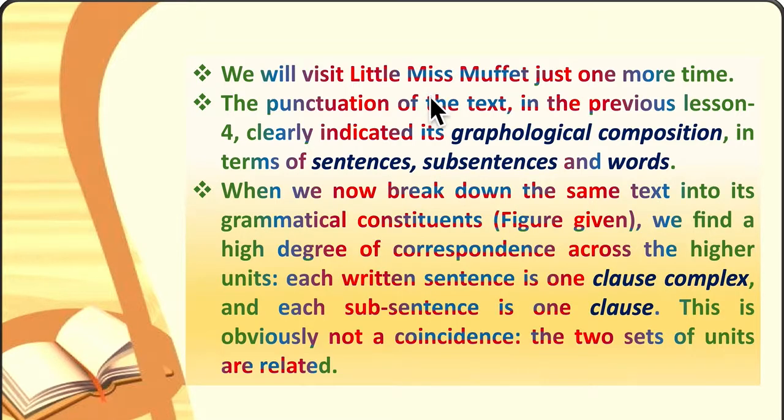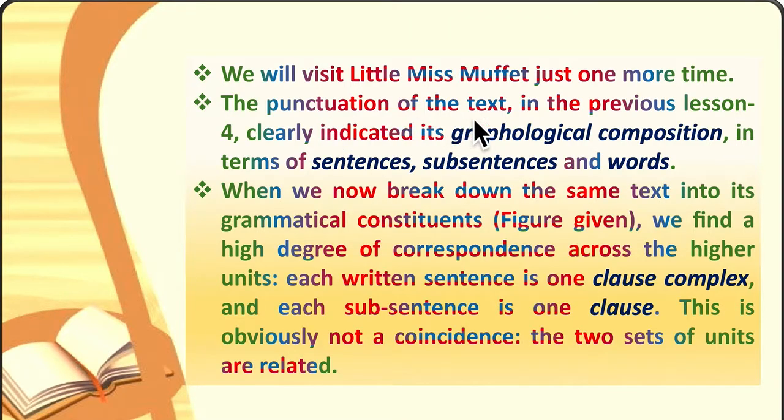That example is taken again. We will visit Little Miss Muffet just one more time, meaning we will take the same example of Miss Muffet to understand this lesson in a much better way.